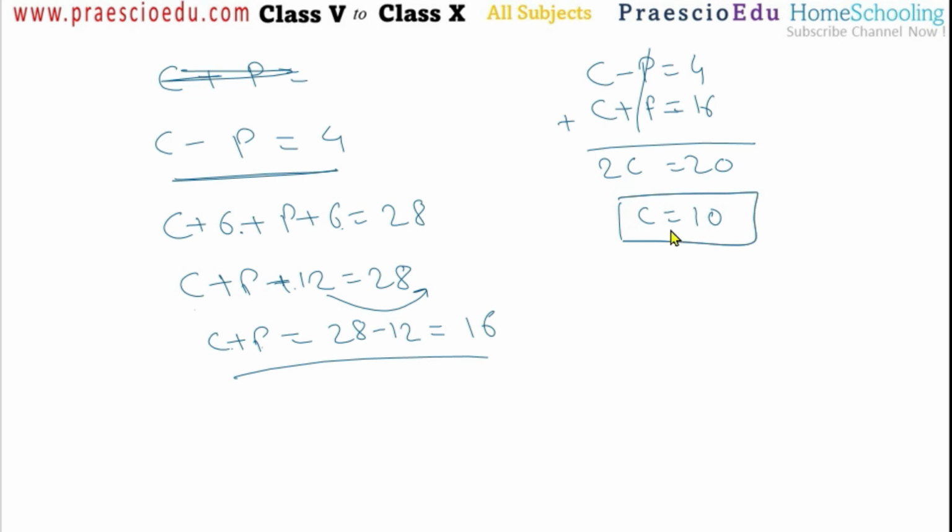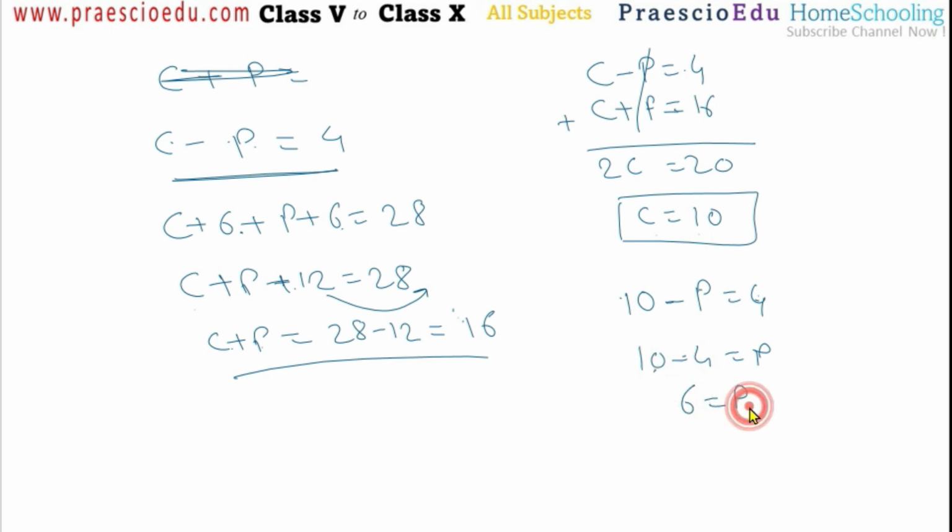So Chintu's age is 10 years, and we have to find Pinky's age. So this C is equal to 10, we put in either equation. We will put it in this one. So 10 minus P is equal to 4. So we can say 10 minus 4 is equal to P. So 10 minus 4 means 6.